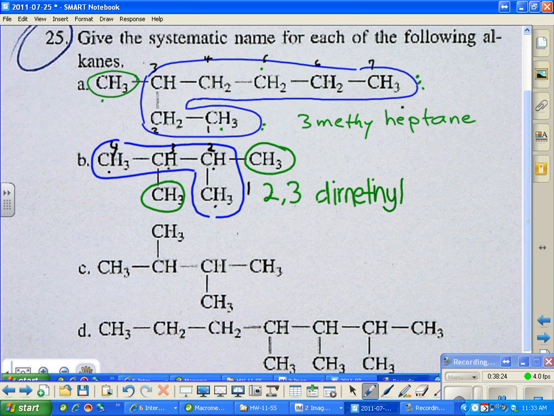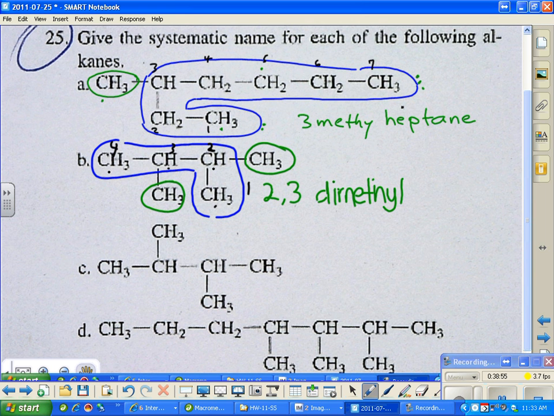Now, what's the longest chain in this one? How many in the longest chain? 4. What's the name for 4 of them? Methyl, ethyl, propyl, starts with a B. Oh, butane. Methane, ethane, propane, butane.